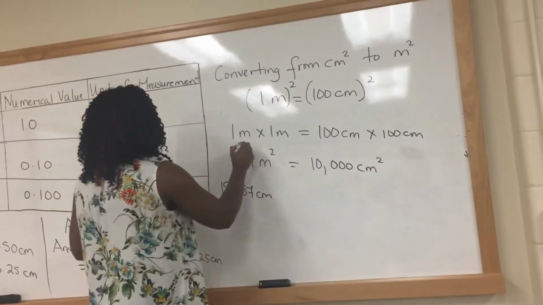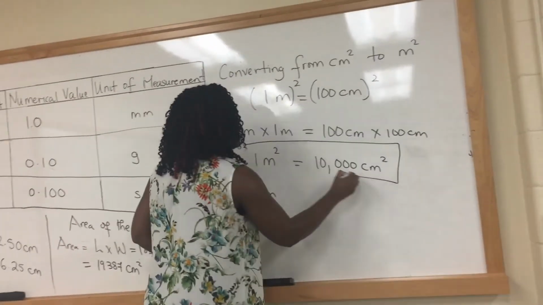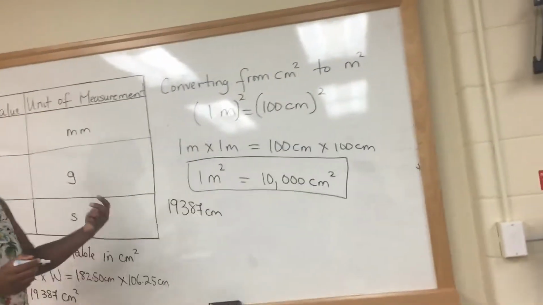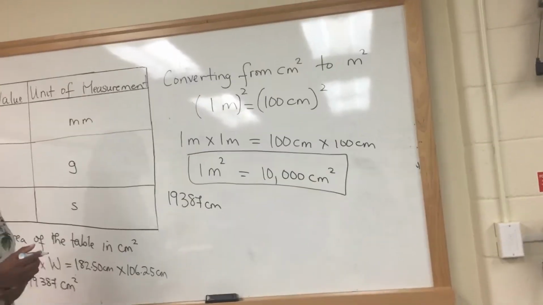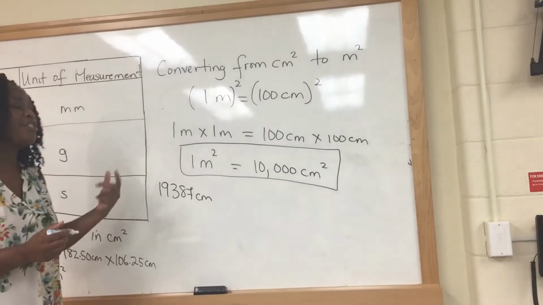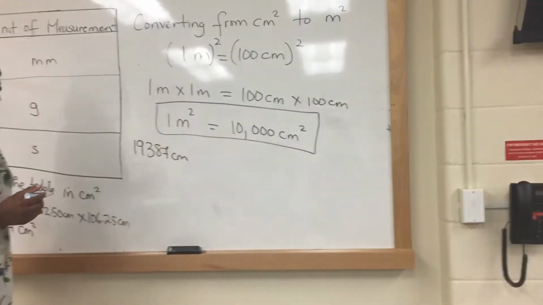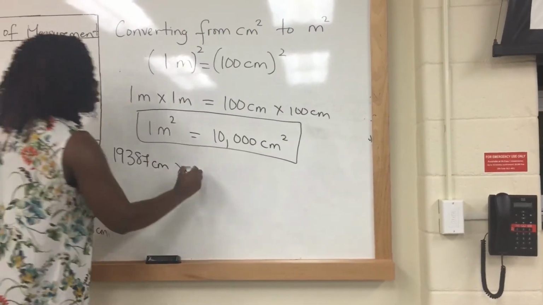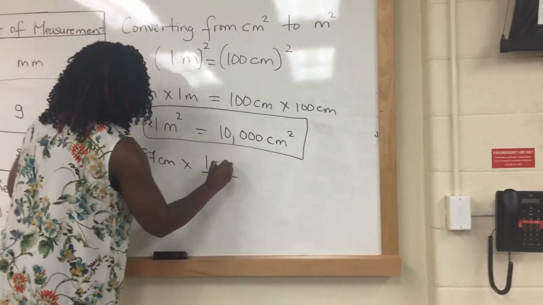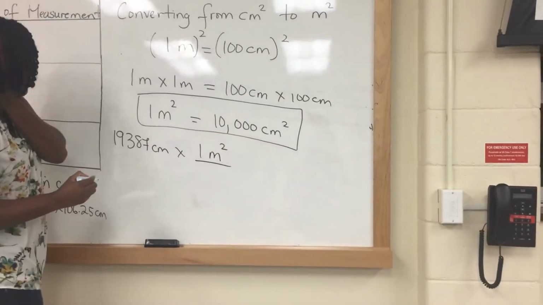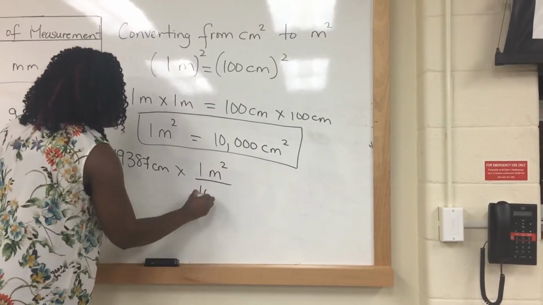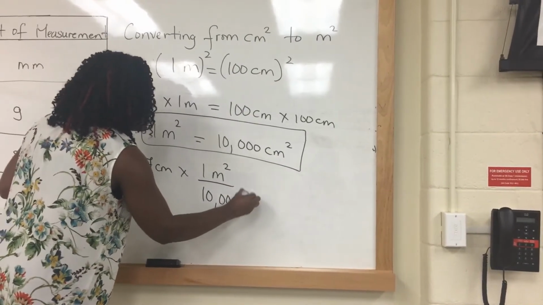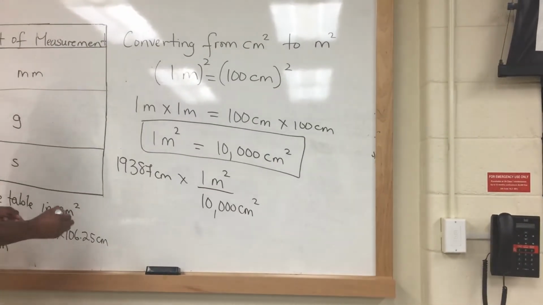And then we're going to use this equality, and we're going to make our conversion factor where we will put the desired unit in the numerator. So the desired unit is square meter, so we're going to put 1 square meter in the numerator, and then we will put 10,000 squared centimeters in the denominator.